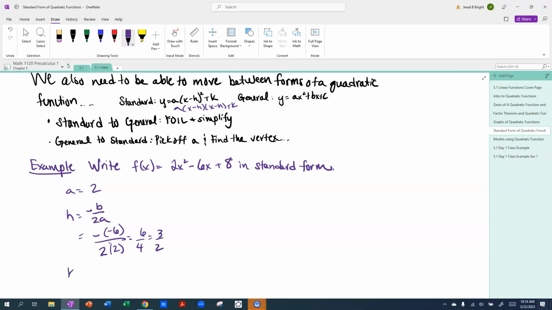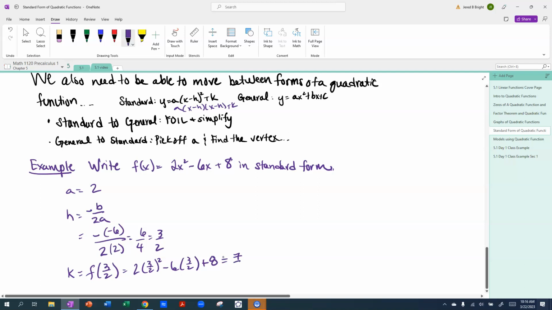And then k is just going to be whatever I get once I put 3 over 2 into the function. So I can say this is 2 times 3 over 2 squared minus 6 times 3 over 2, and then all plus 8, which gives me 7/2.